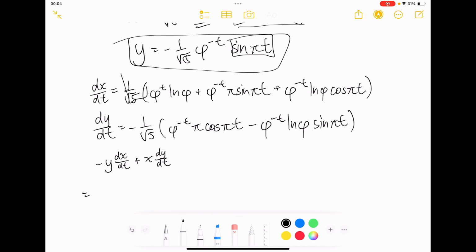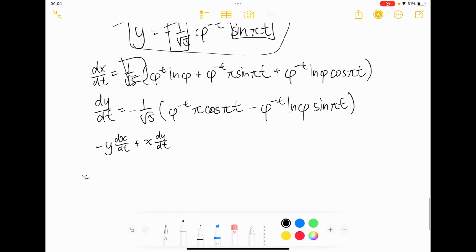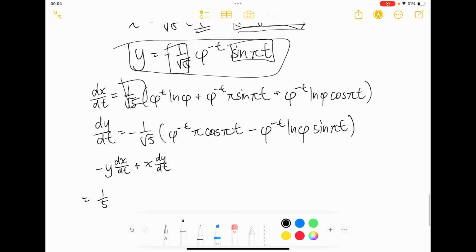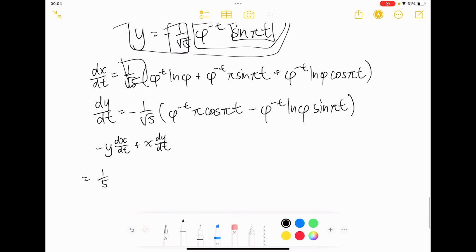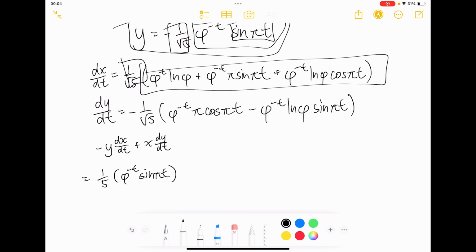And we'll combine these two, 1 over root 5. So we're going to get 1 over 5 times the y bit, which is phi to the minus t sine pi t, and the dx/dt bit, which is pi sine pi t.